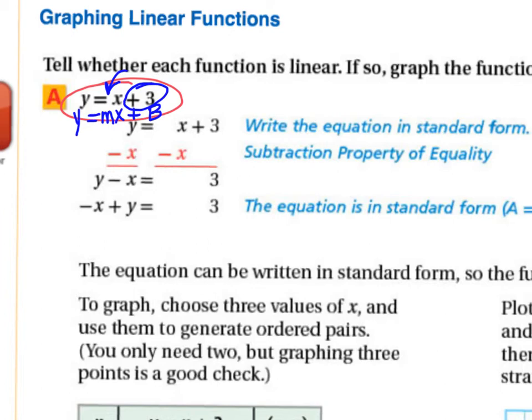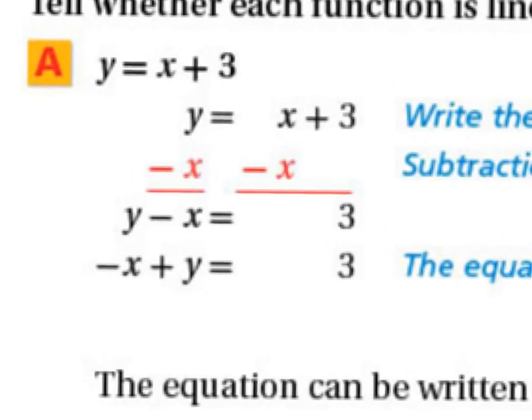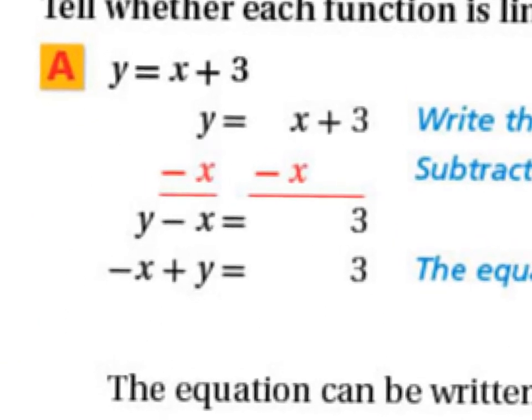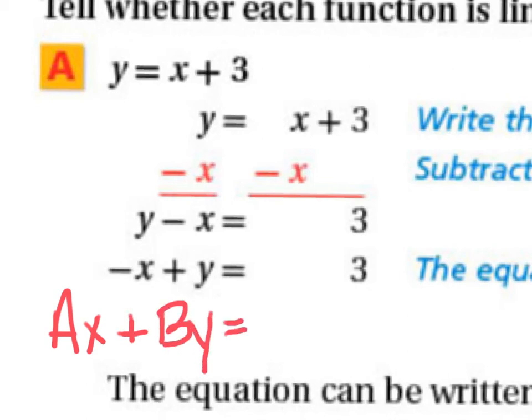In this example, they are changing it into standard form. So notice how they've done that. And I'll erase my writing and we'll go back and look. They're moving it into this form, ax plus by equals c. And to do that, they are moving this x over to this side, so they get minus x.